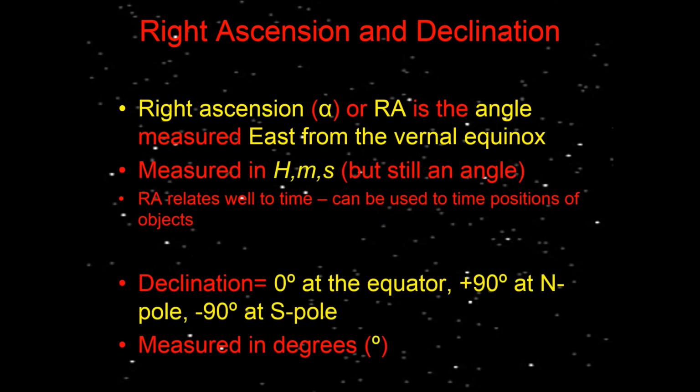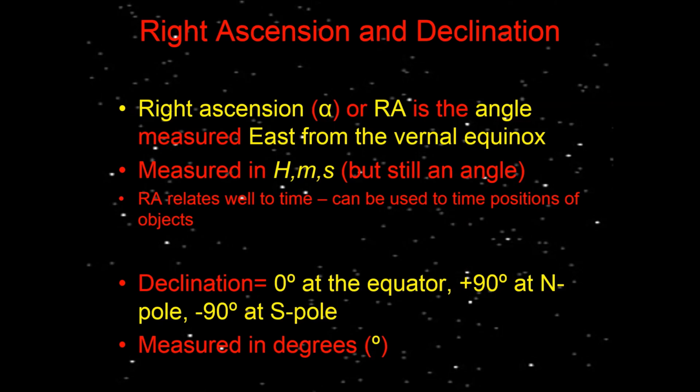Now there is a little bit of an oddity to right ascension. Right ascension, or RA, is the angle measured east from the vernal equinox, as we said, but it's measured in hours, minutes, and seconds. It's still an angle, but rather than being broken up into 360 degrees, it's broken up into 24 hours.